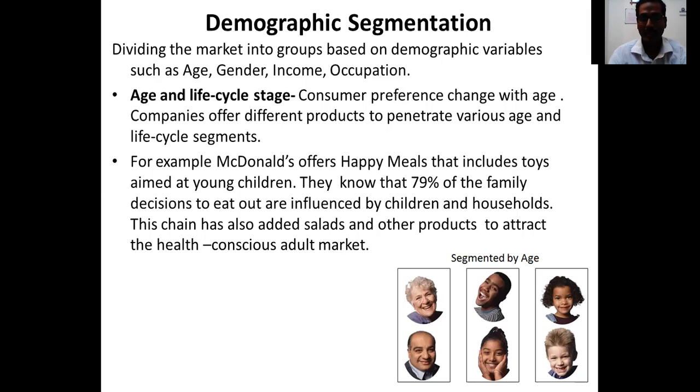So even McDonald's started selling this kind of food to attract the middle-aged and elderly people who are very health conscious. So they have a different menu for different age groups. This is a classical example of how marketers utilize segmentation based on age.